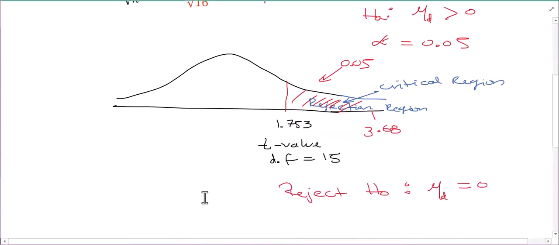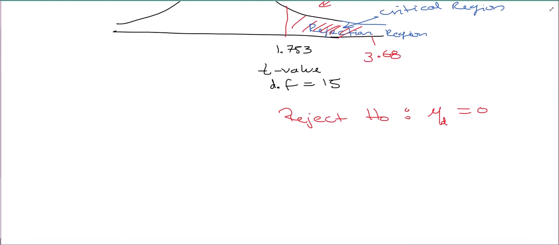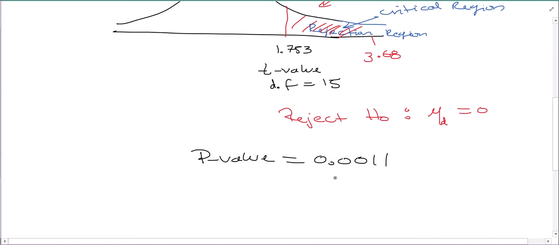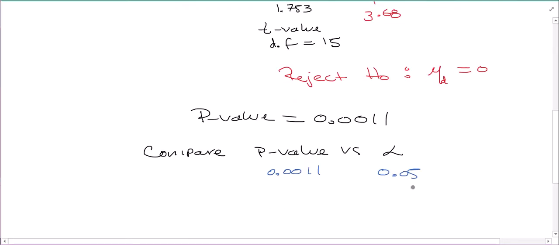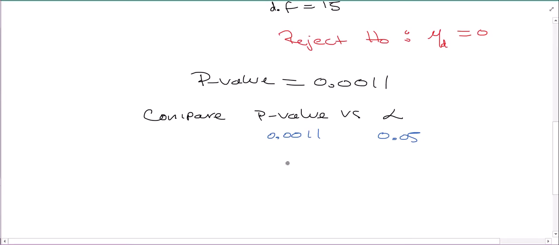So going back to our notes here, we can say the p-value was 0.0011. Therefore, how do we make a decision? We compare the p-value versus the alpha, and our alpha is 0.05, so we are essentially comparing 0.0011 to 0.05, and which one is smaller?